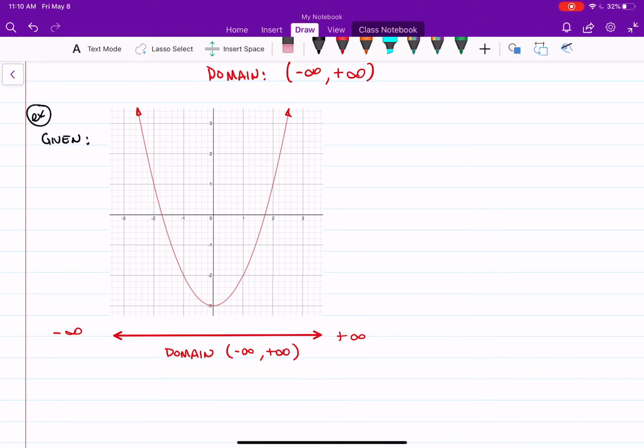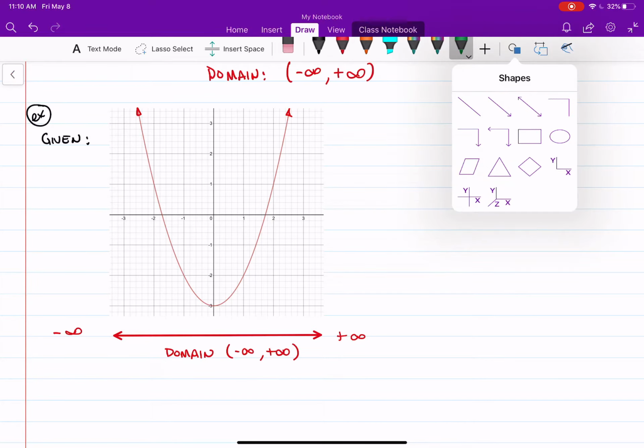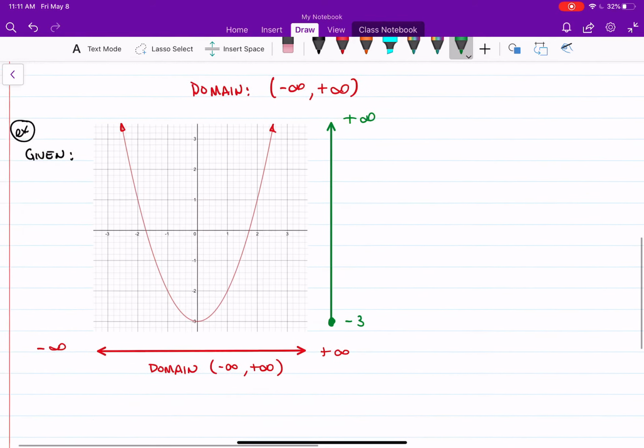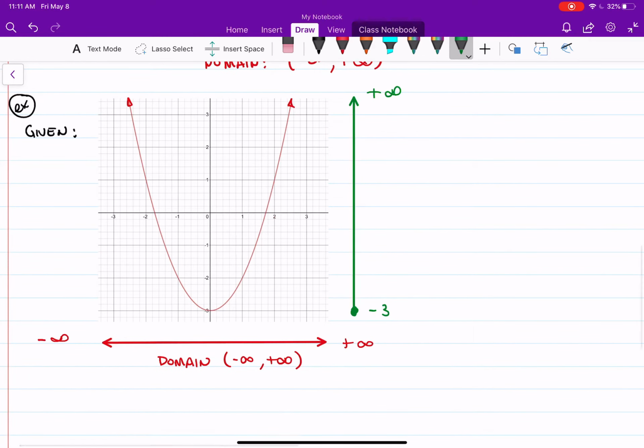So what I'm going to have is something like this. It starts here, and it's going to end at positive infinity, but it started at negative 3. Here is where the question is going to start popping up, and you're going to be like, what? So the range is going to go from negative 3 to positive infinity.